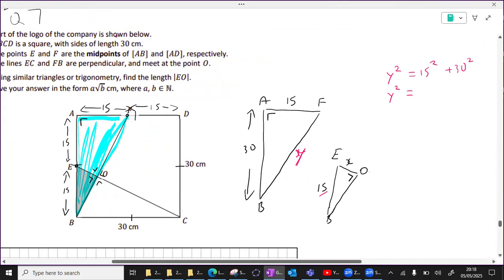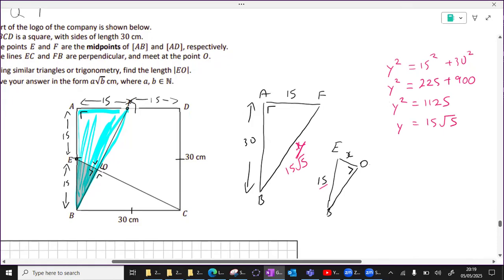So 15 squared is 225. 30 squared is 900. And if I put the two together, I get Y squared is 1125. And then the square root of 1125 is 15 root 5. So I now know that that's 15 root 5.